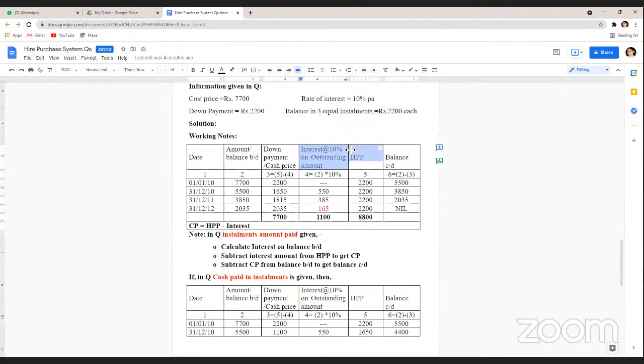If you are provided the rate of interest charged upon the loan amount, how do you do it? The interest is charged on the amount outstanding at the end of every year, because the installment is a combination of cash price plus interest. Upon interest, again there is no interest.